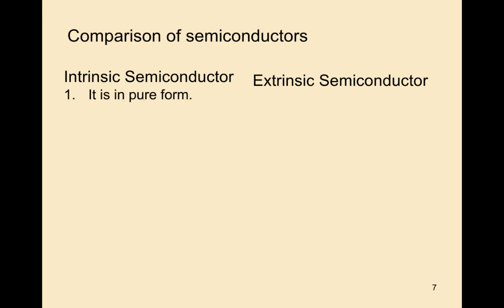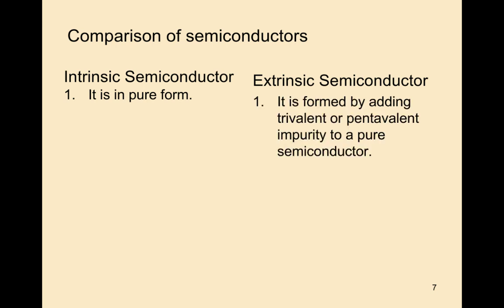First difference: intrinsic is the pure form of semiconductor, whereas extrinsic is the impure form. This impure form is formed by adding trivalent or pentavalent impurities to the pure semiconductor.